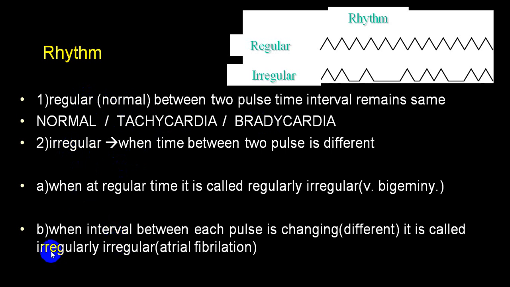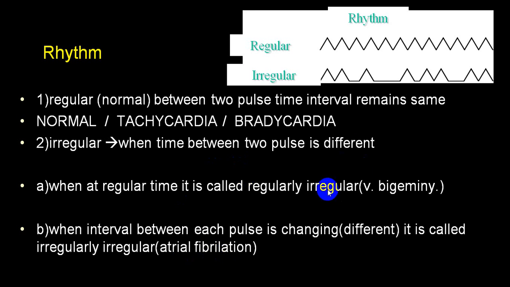By and large, the majority of the time, if it is irregularly irregular in the interval between each pulse, the most common cause is atrial fibrillation. Majority of the time, you will be right. So always look for that irregular interval between the two pulses. And rate wise, if it is more than 100, we call it atrial fibrillation with fast ventricular rate. We don't use the word tachycardia. And if the rate is less, then we call it atrial fibrillation with slow ventricular rate.